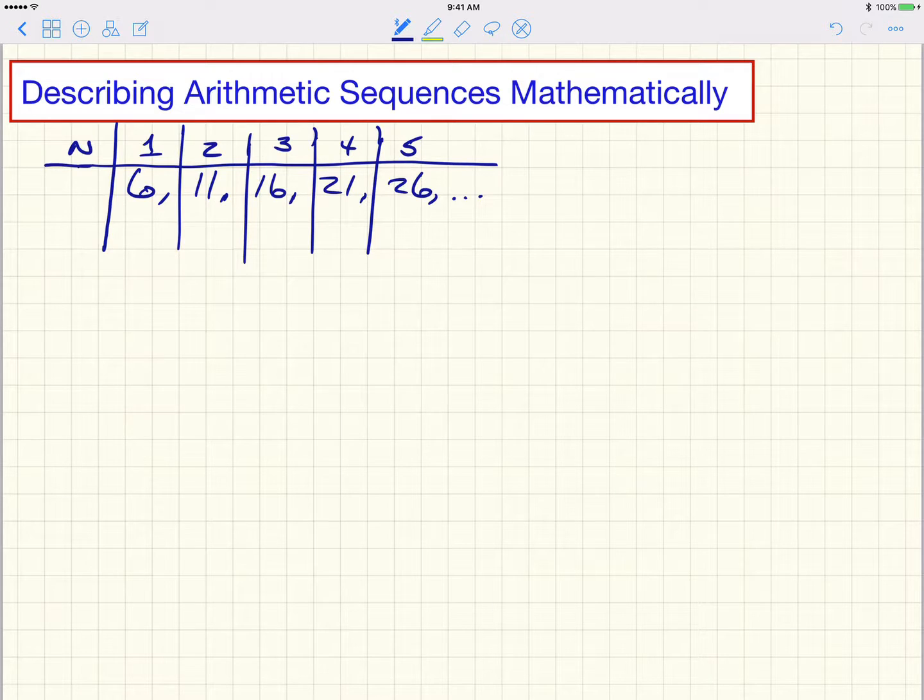Then we refer to the sequence itself with some kind of letter. The name of our sequence, let's call it arithmetic sequence, so we'll call it A. In terms of naming the value itself, we use a sub n.